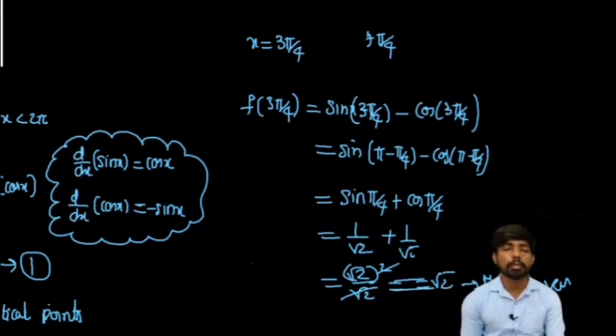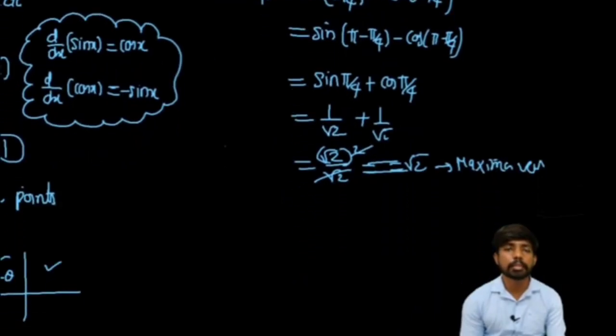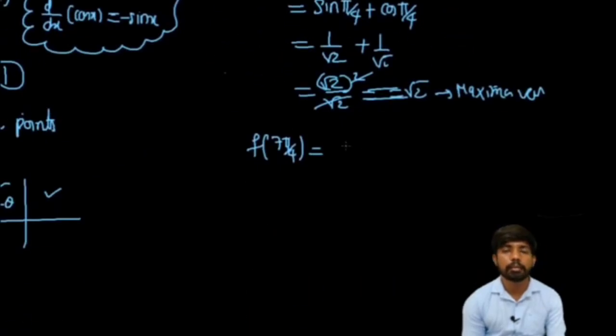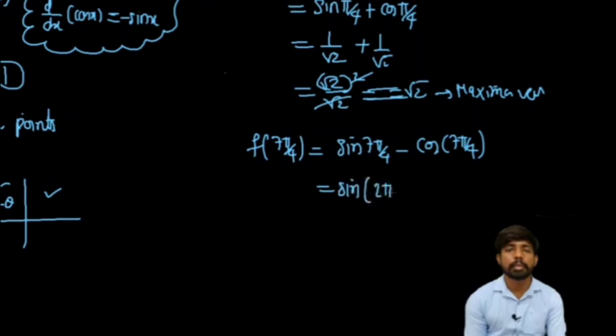Next, for the minimum value, substitute x equals 7 pi by 4: sine of 7 pi by 4 minus cos of 7 pi by 4. 7 pi by 4 can be written as 2 pi minus pi by 4.